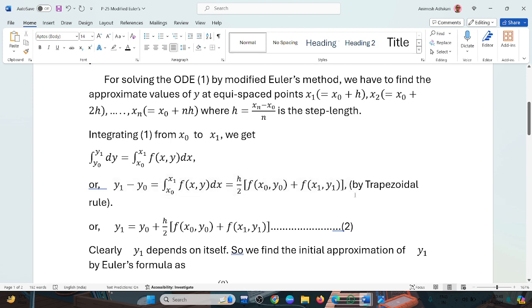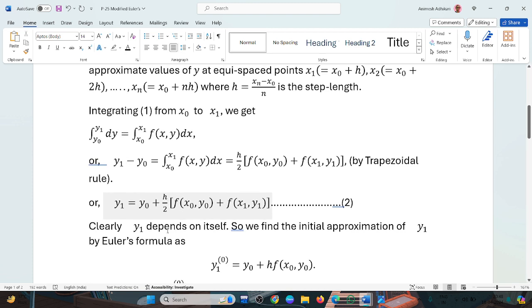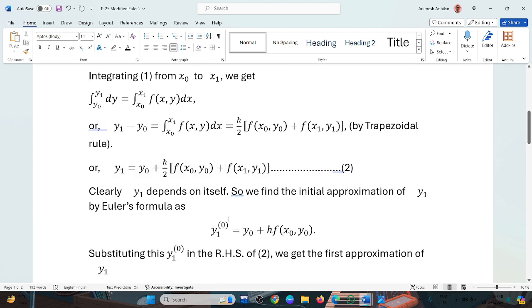Here y is a function of x, so obviously y1, at the point x1, equals y0 plus h by 2 times f at the point (x0,y0) plus f at the point (x1,y1). Clearly y1 depends on itself, because on the left hand side y1 appears on the right as well, so we find the initial approximation of y1 by Euler's formula.